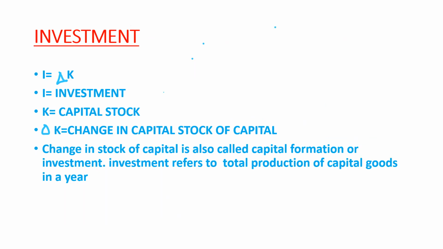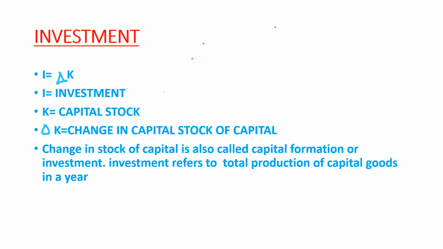I denotes investment, and I is equal to, that is, investment is equal to change in capital stock. And what is capital stock? Capital stock is fixed asset of producers like plant and machinery.